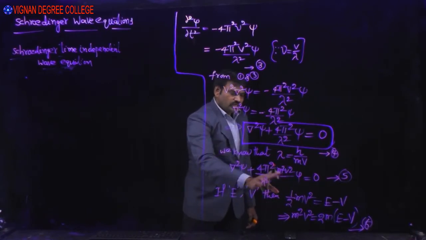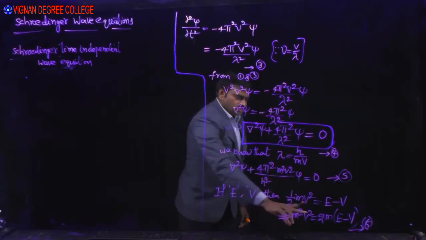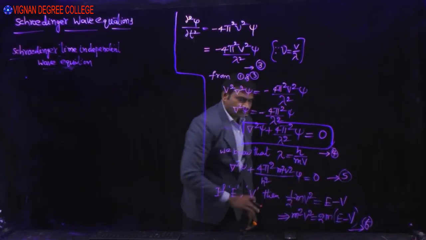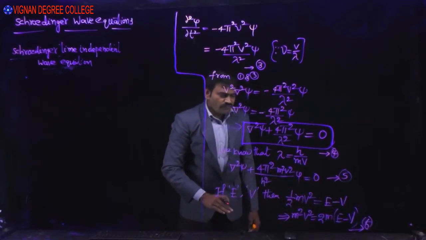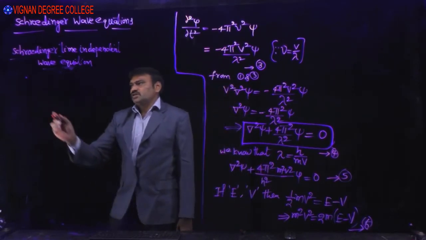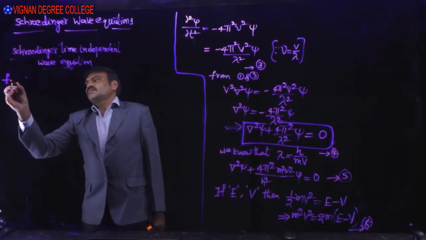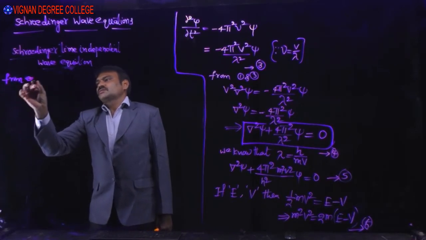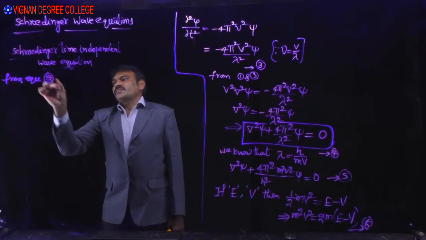In this equation, m square v square is equal to 2m of E minus V.